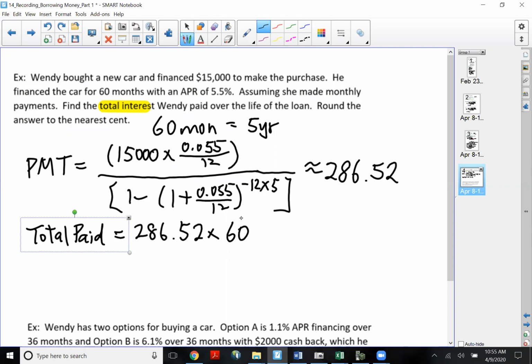Remember, the longer you finance for something, the more interest you pay. Even though the payment is lower because it's spread out longer, the more you spread out your monthly payment, the more interest you actually pay. That's the way the game is played.